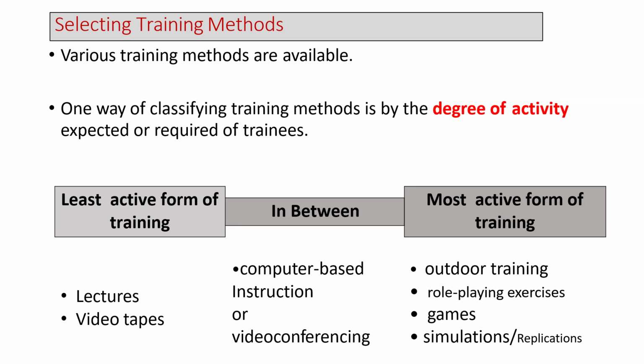Active forms, least active forms, most active forms, or you can use a particular method in between these two. So you need to know in detail about these methods. What are the in-between methods? What are the least?